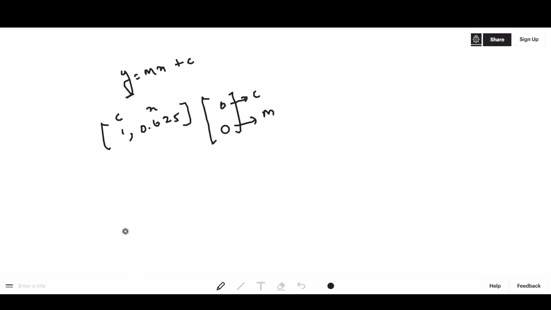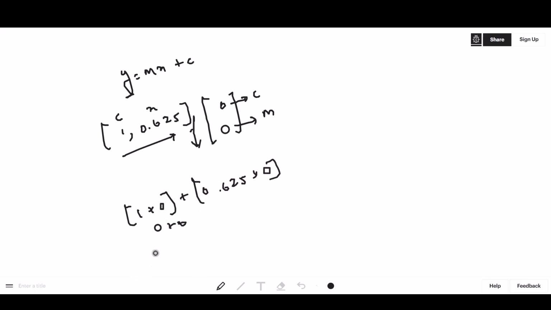The y value is actually the predicted value. In this case, we will be multiplying 1 with 0. This is matrix multiplication. We will be multiplying this row with this column. So we will be multiplying 1 with 0 and adding it with 0.625 into 0. This will be 0 plus 0 and the entire value of y here will be 0. Hence we got the predicted value as 0.